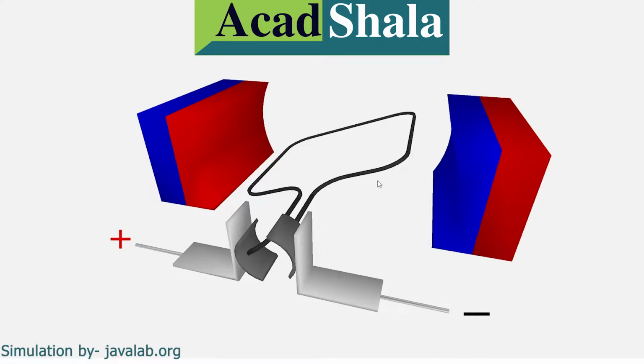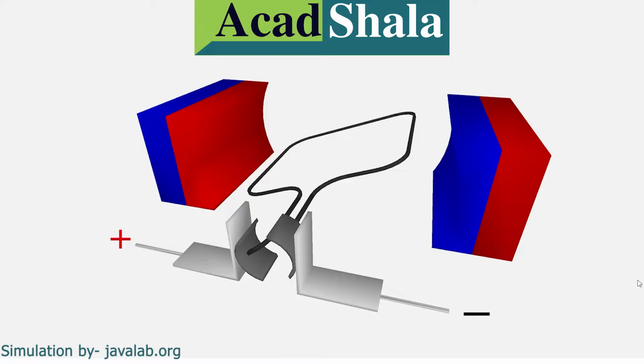We will see this with the help of this simulation right now. You should know all parts of the electric motor, and then I will show you one by one how the magnetic field is there, how the current flows, how the force is seen and in which direction, and how the motor runs.